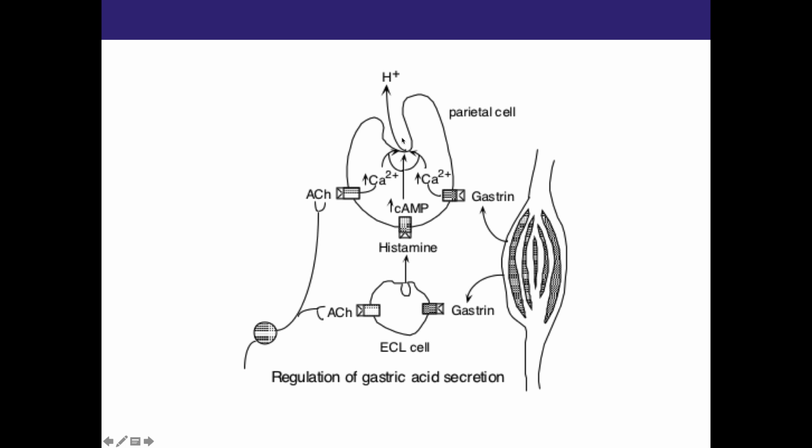Now, here's where it really ramps up. You can see that gastrin and acetylcholine also work on and activate these ECL cells, enterochromaffin-like cells. Once there's parasympathetic nervous system activation and acetylcholine release, and gastrin on board, circulating through your blood supply, that triggers the ECL cells to release histamine.